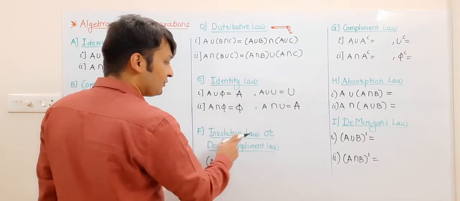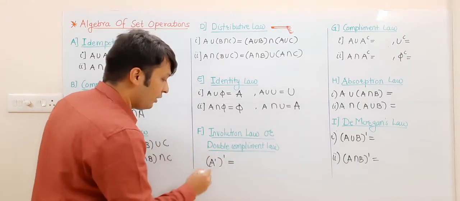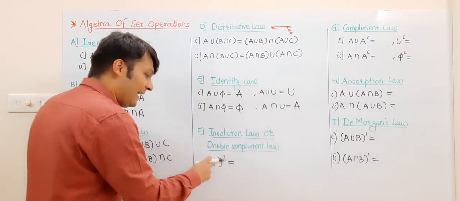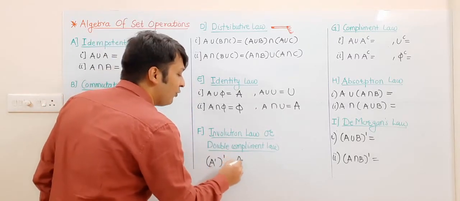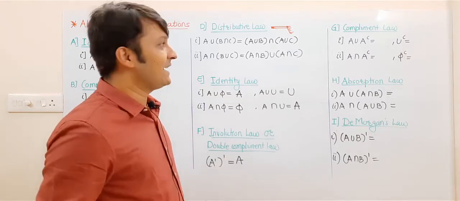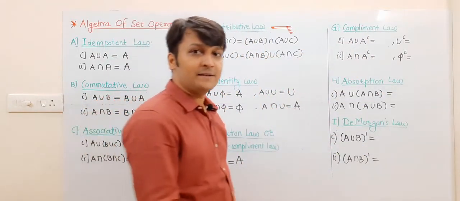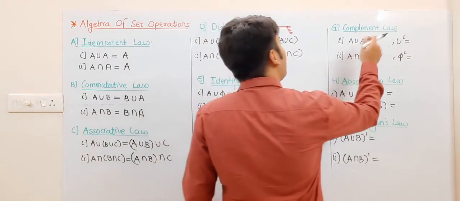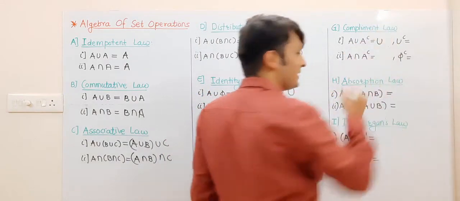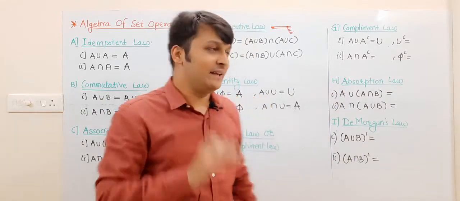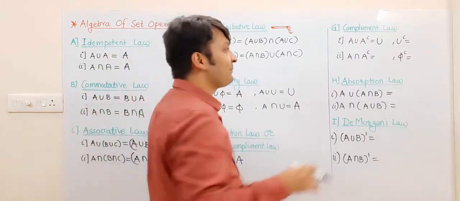Next is the involution law or double complement law. A transpose transpose, transpose means complement right now. So A complement and again complement will give the original A. You know this one, correct? Last, sorry, now the complement law. What's complement? A union A complement is the universal set. Why? A and A complement is the rest of all things. Together it is union, universal.